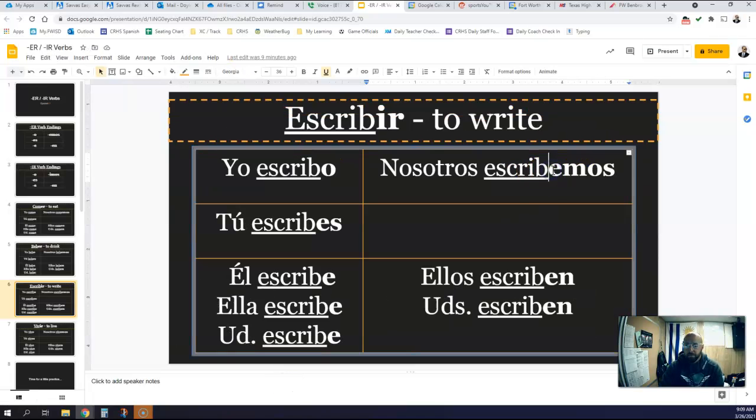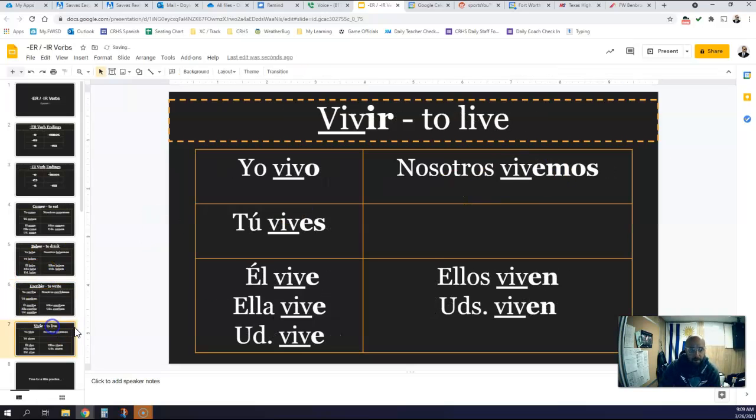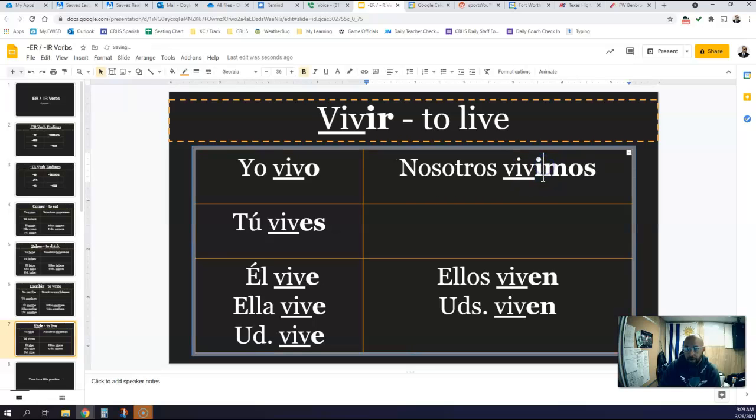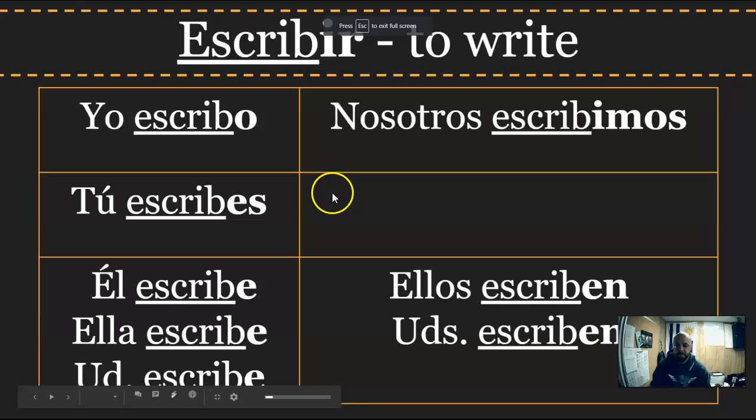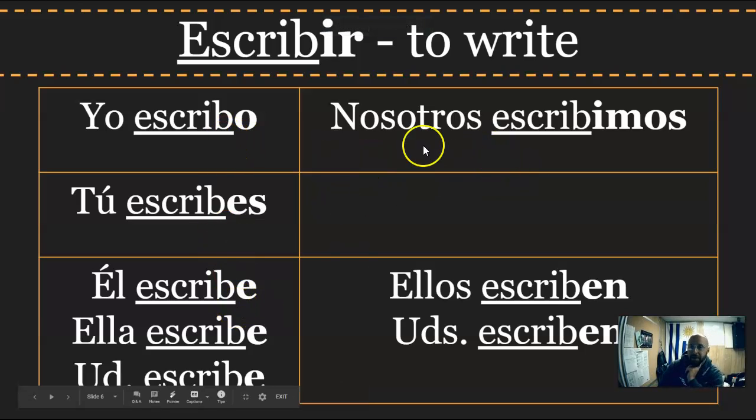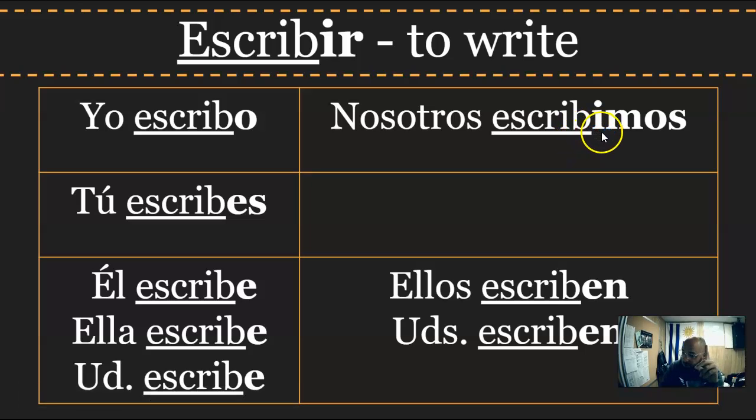We are going to correct that right here. All right, try again. Yo escribo, tú escribes, él escribe, nosotros escribimos, ellos escriben, ustedes escriben. That's what I get for copying and pasting.